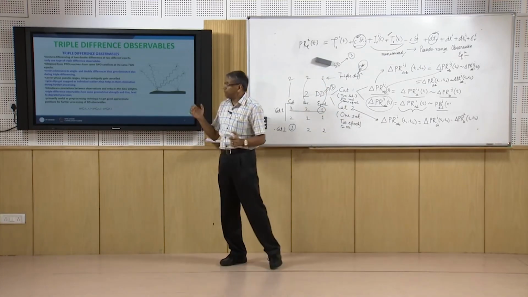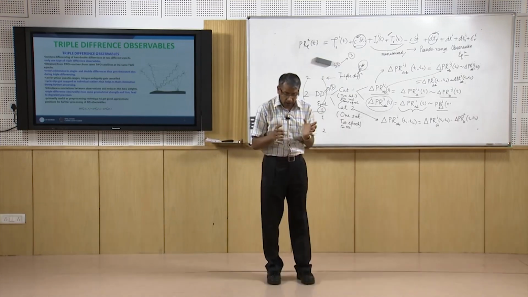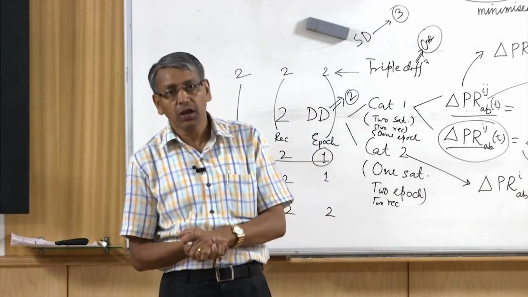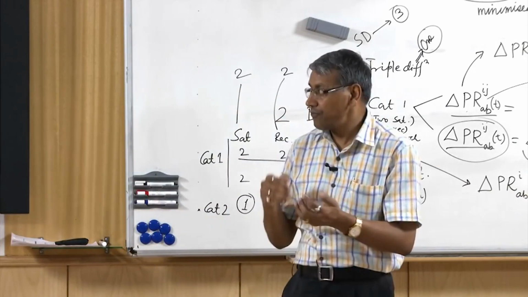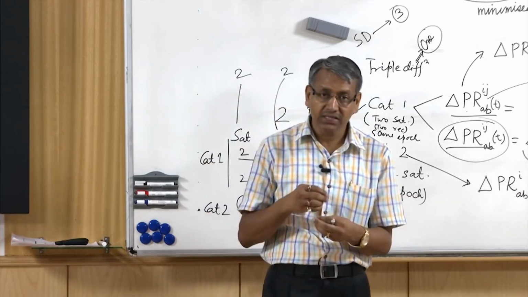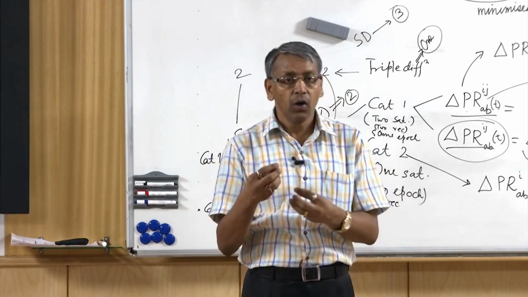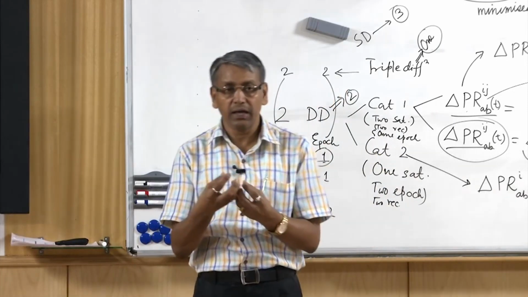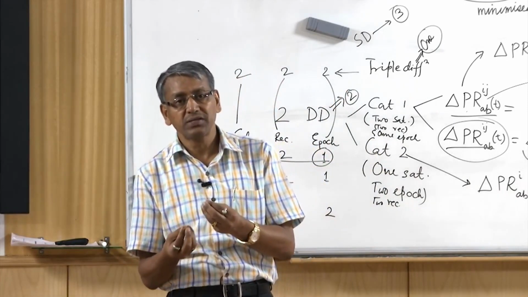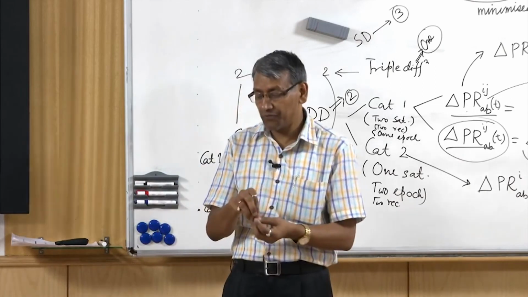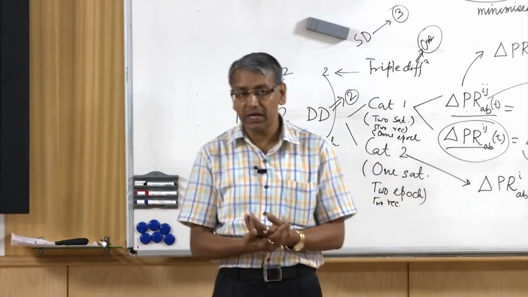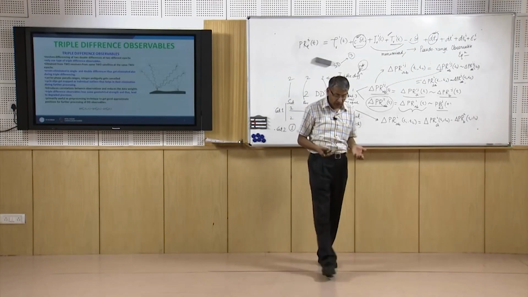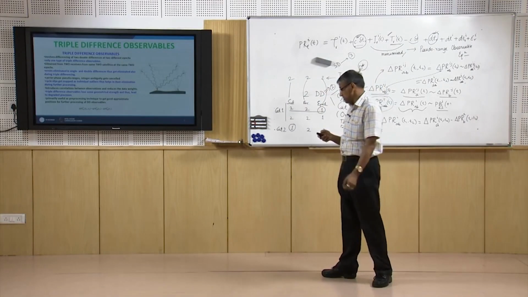Triple difference observables are processed to get the initial position of the receiver, and then from that position as the starting point we process the double difference data, with the position from triple difference data as the input to the double difference processing. Then we end up with a good solution. So, this is the process how we will end up with a better GPS position.